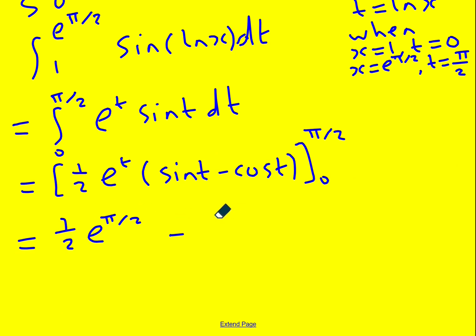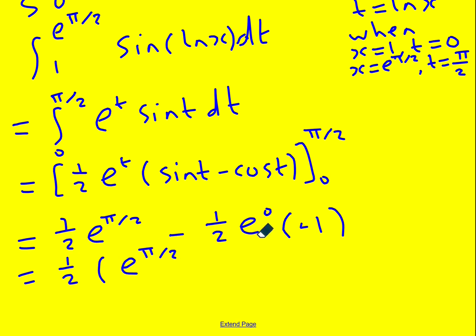And I'm going to minus a half e to the 0, and then it's going to be minus 1. So it's a half e to the pi over 2 plus 1.